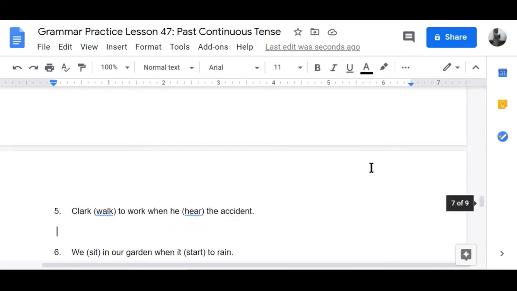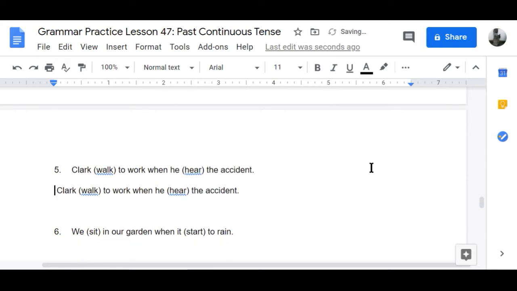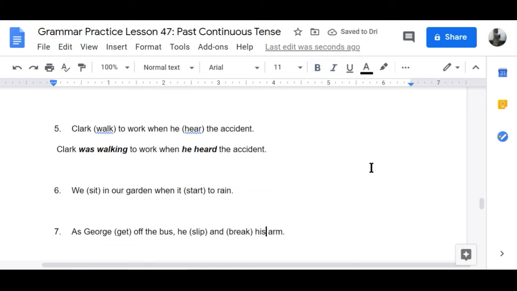Now what? 5. Clark to work when he the accident. Clark, guys, copy and paste. Clark was walking. Something happened, okay? Clark was walking to work when he heard the accident. 6.